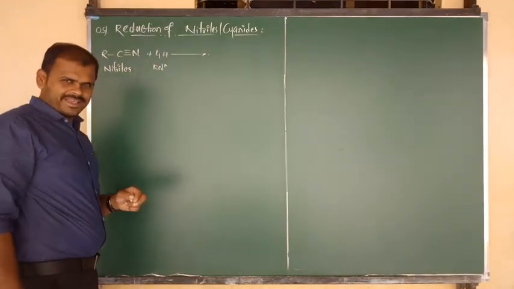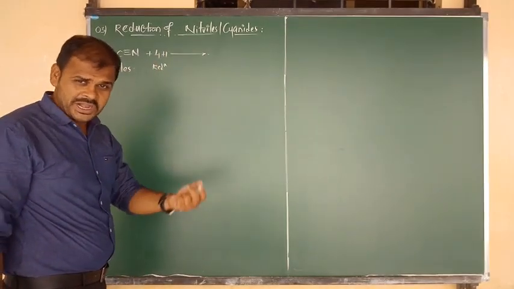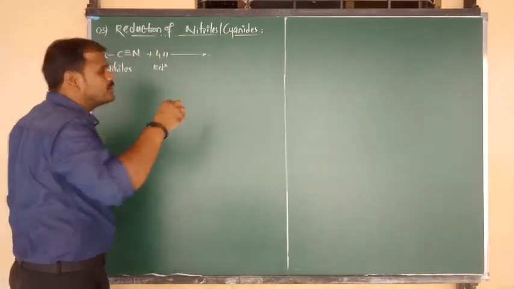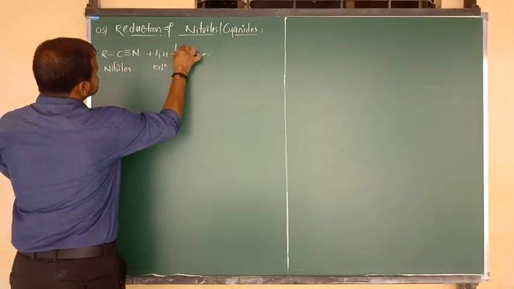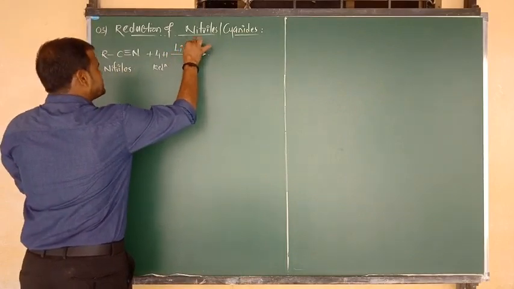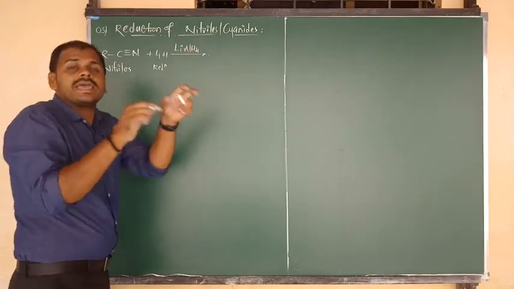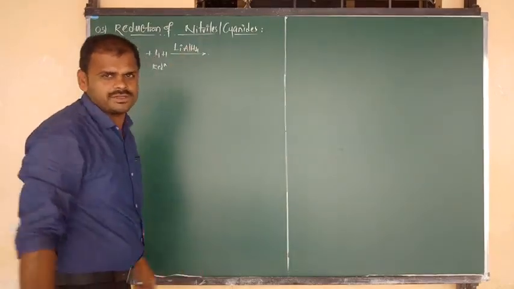But reduction takes place in the presence of a suitable reducing agent. What is our commonly used reducing agent? Lithium aluminum hydride in the presence of dry ether as a supporting solvent.